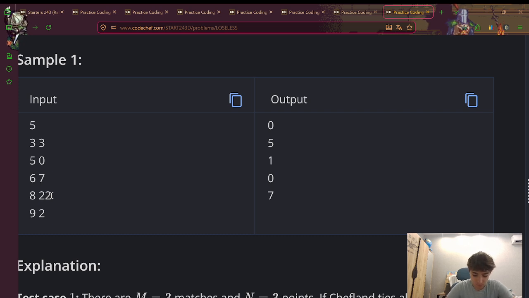Yeah, it's 0. What about, oh wait a minute, 3 and 5?